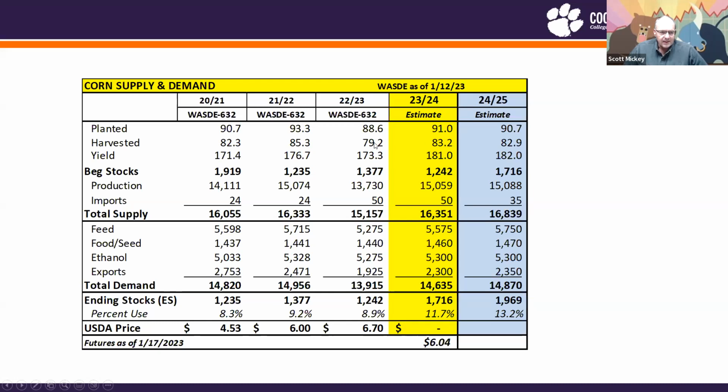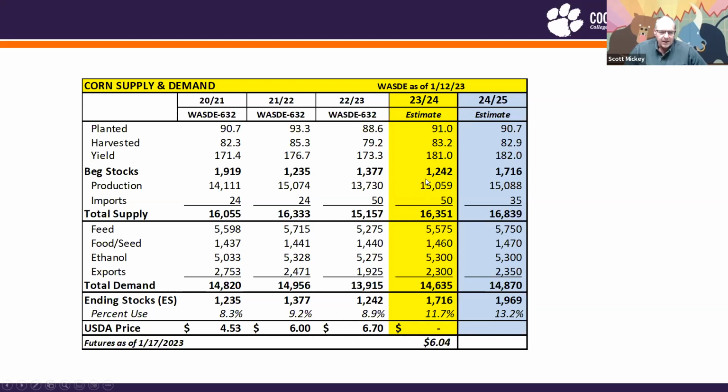As we look at this, I'm expecting corn acres to be up quite a bit from last year. Right now, I'm thinking maybe 91 million acres. We'll harvest 83 million of that, and the trend line yield for 2023 in the US is 181 bushels.